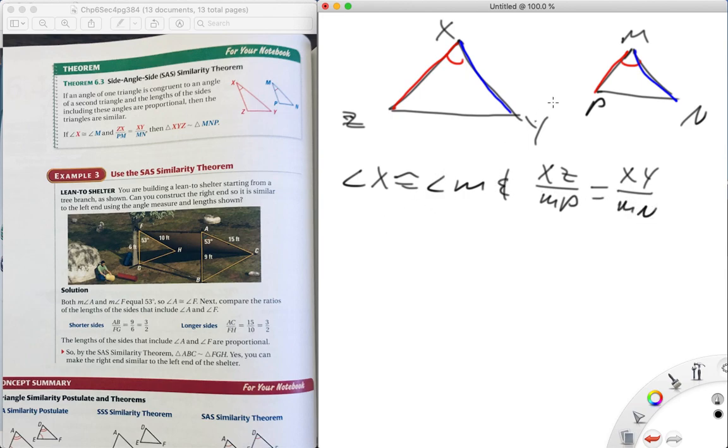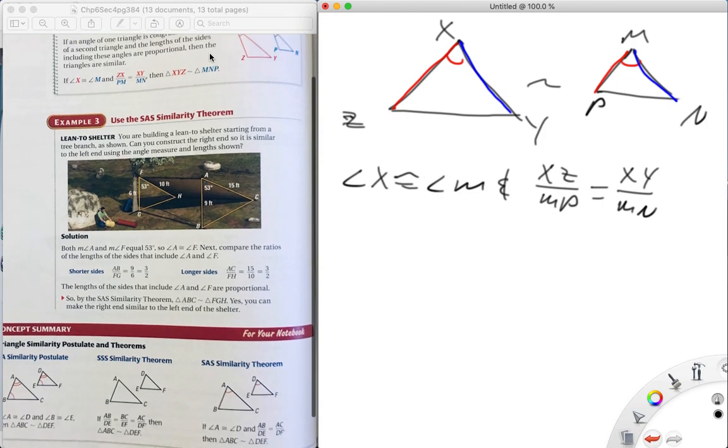Then I can say that these two triangles are similar. Side angle side. The two sides including the angles have to be proportional and the two angles must be congruent. If one angle of one triangle is congruent to an angle of the second and the lengths of the sides including these angles are proportional, then those two triangles are similar.